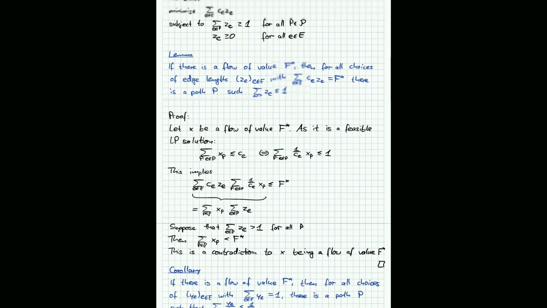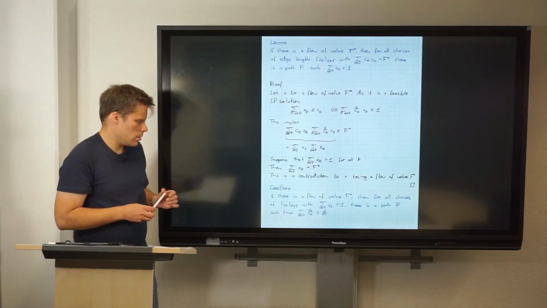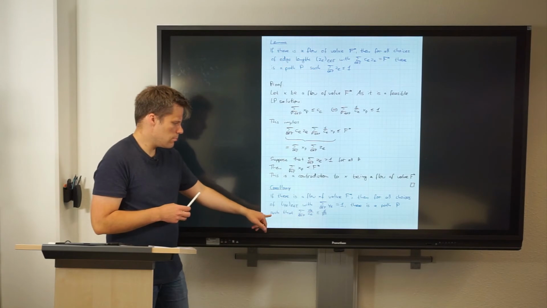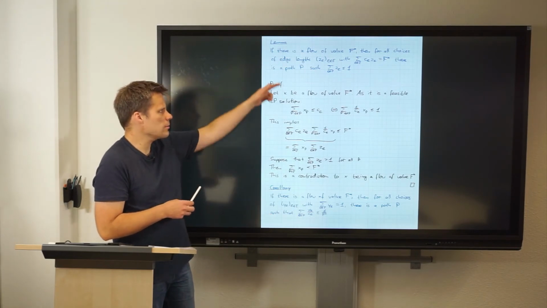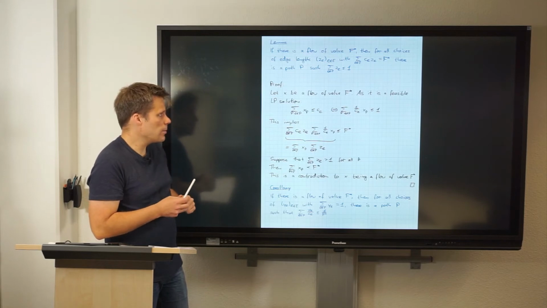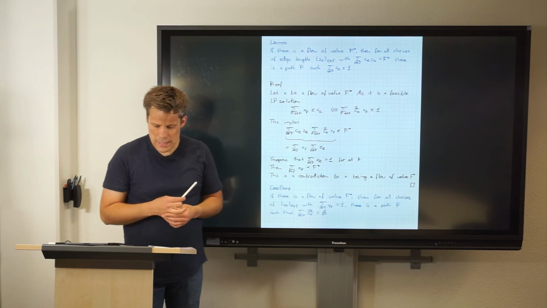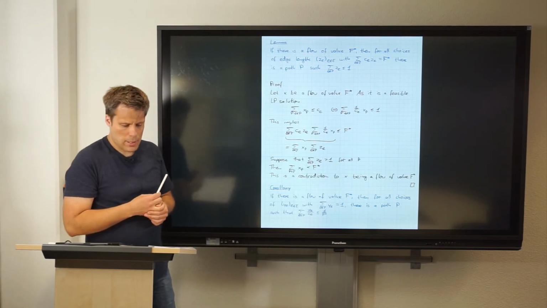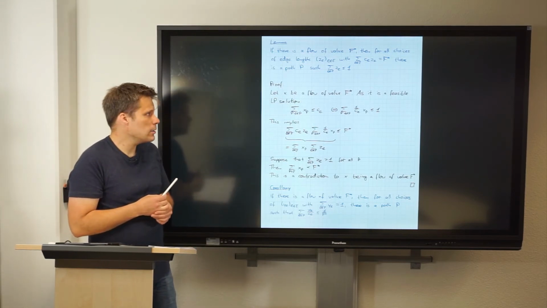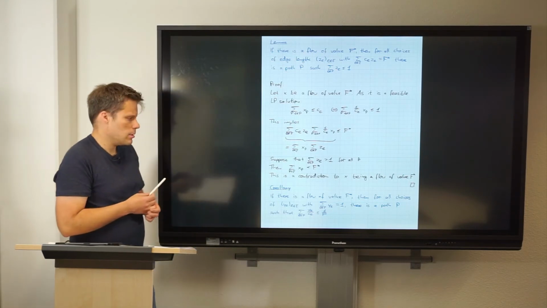Good. So this corollary is actually not really surprising when you see this lemma, because all we're doing is replacing this ZE by YE divided by CE times F star. Good.